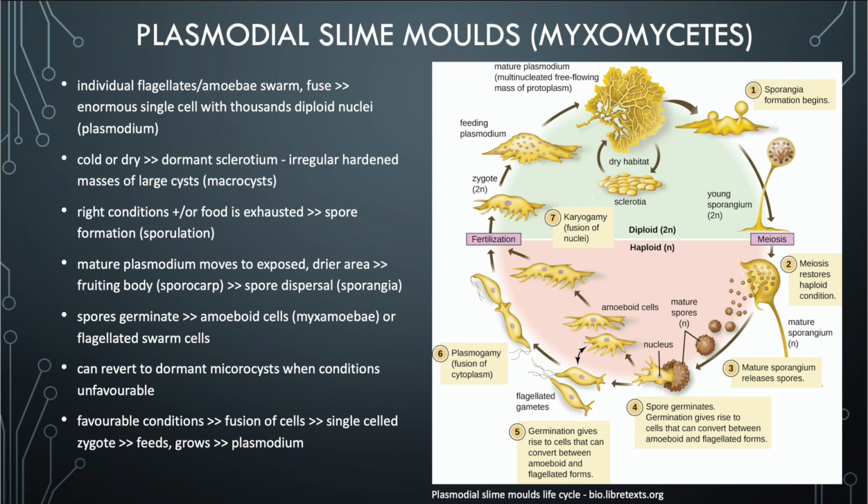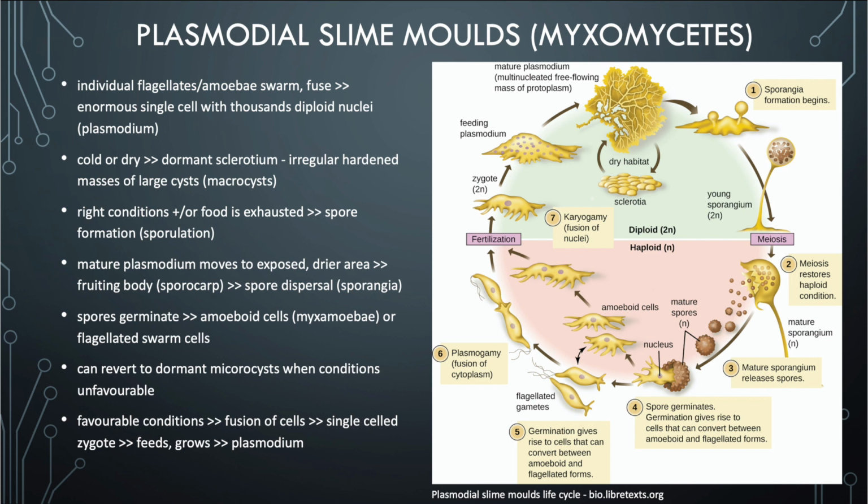The mature plasmodium moves to an exposed drier area to form fruiting bodies called sporocarps, and this is also what we call fungal fruiting bodies. These contain sporangia, where the spores are formed, and which are the spore dispersal structures. And these serve to disperse the spores of the organisms.